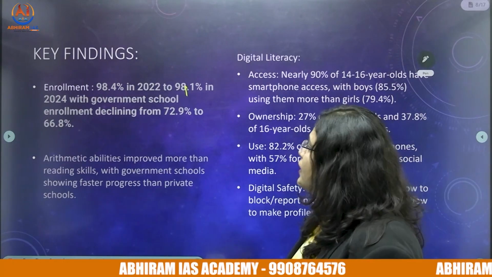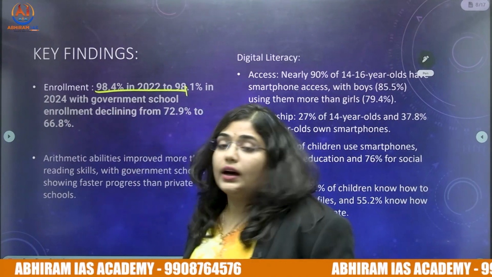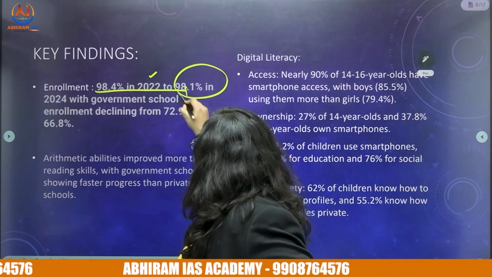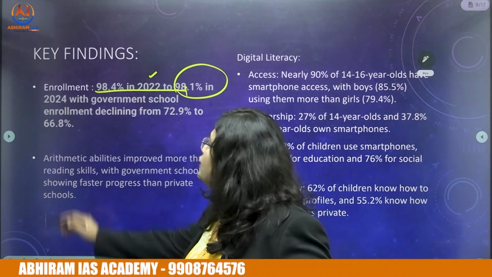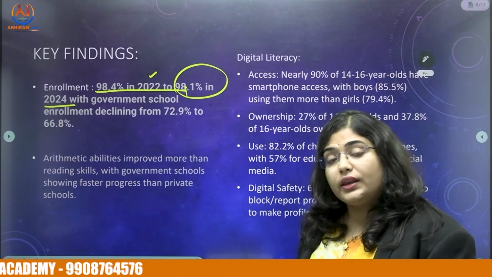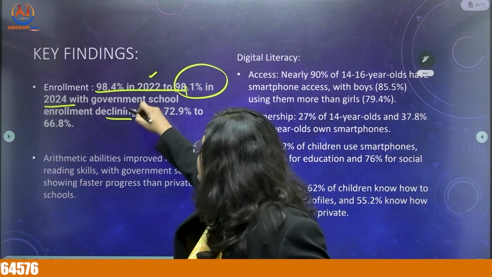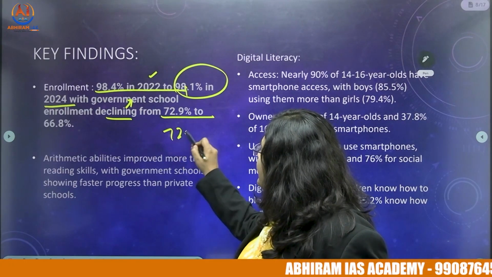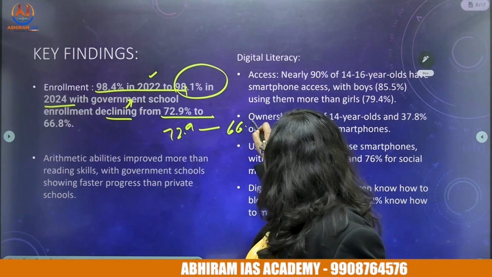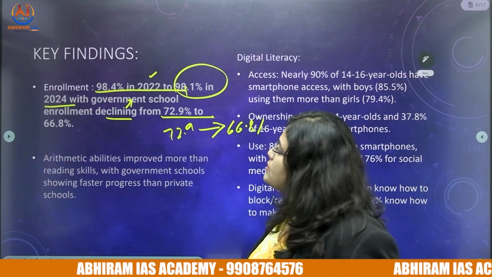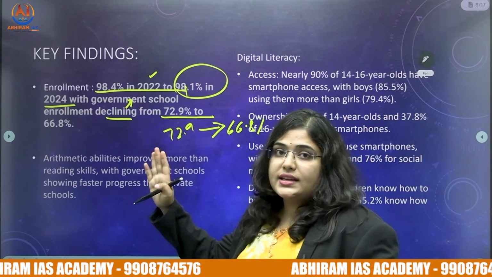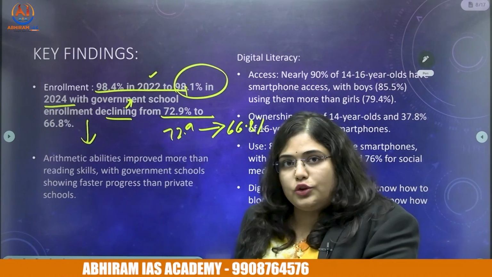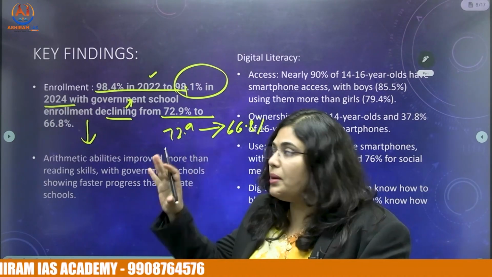Okay, so the enrollment ratio is 98.2% in 2022, which decreased to 98.1% in 2024, with a decreasing trend in the government schools also, that is from 72.9 to 66.8% in the government schools. So we can understand from this point that there is a decreasing trend of the enrollment. So you have to blindly remember this.